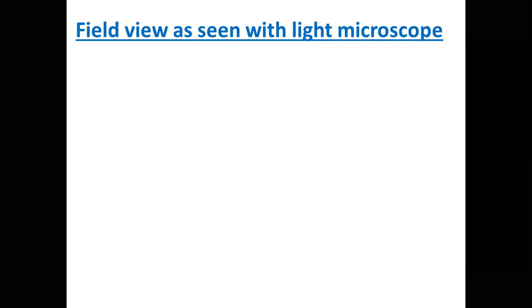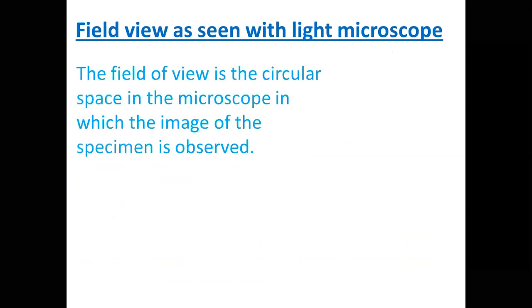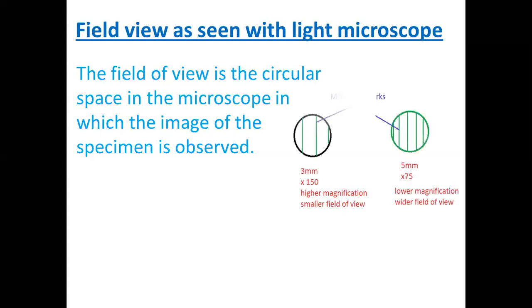Now, I want to also talk about the field of view. I know I explained this, so I don't need to repeat so much. Field of view, the circular space in the microscope in which the image of the specimen is observed. Na nikasema that the higher the magnification, the smaller the field of view, but the more the details.